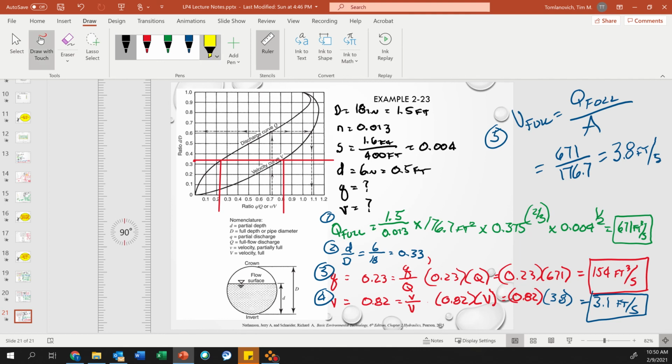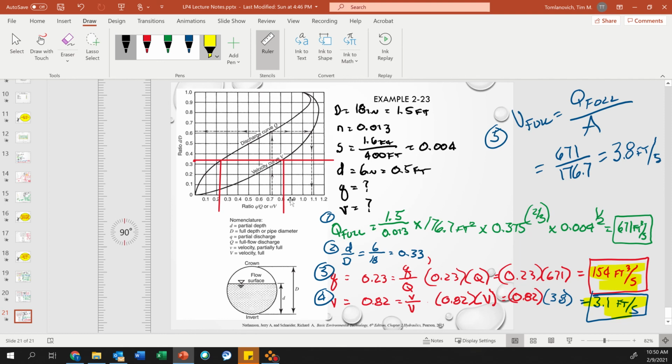Let's see how close we got to the book. I get 3.1. The book's Q is in gallons per minute, but you can convert it back into cubic feet per second, remembering there are 7.48 gallons per cubic foot.